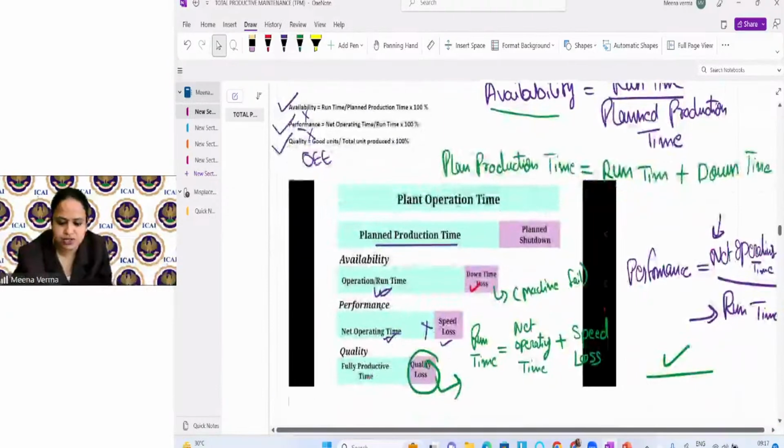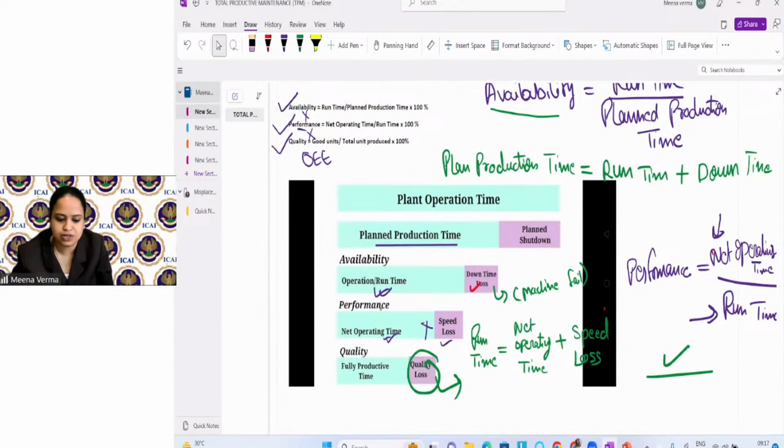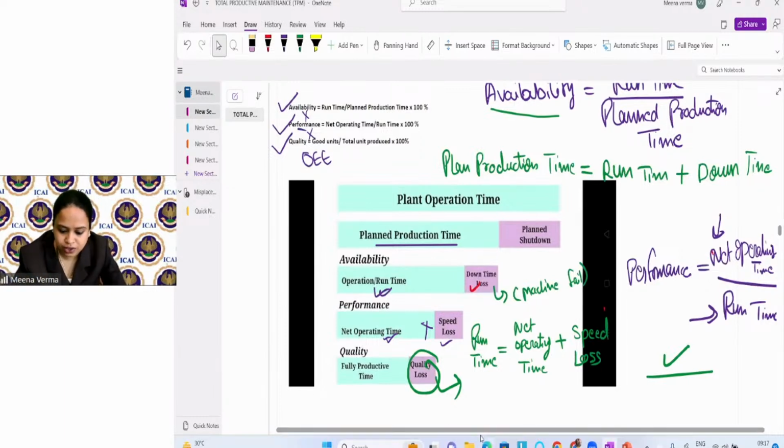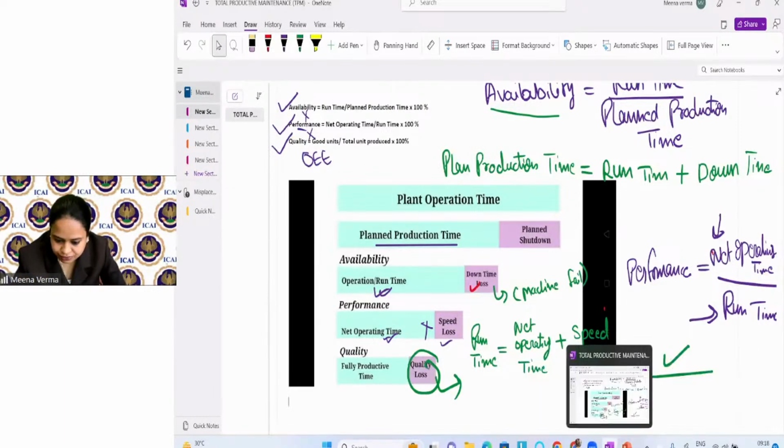Now the question comes, ma'am, what is run time and what is planned production time? So what is run time here? You have to see the downtime. Downtime means where you are losing the time because of machine failure. So from the planned production time, remove the downtime. Okay, now let's see the question again.